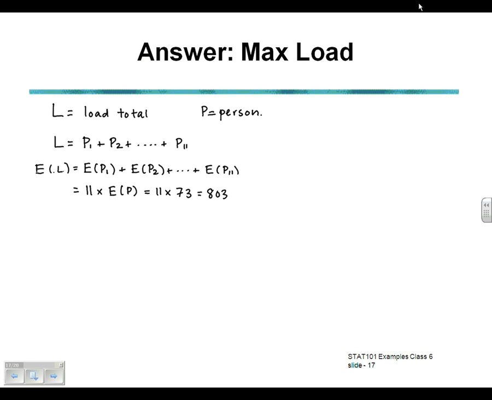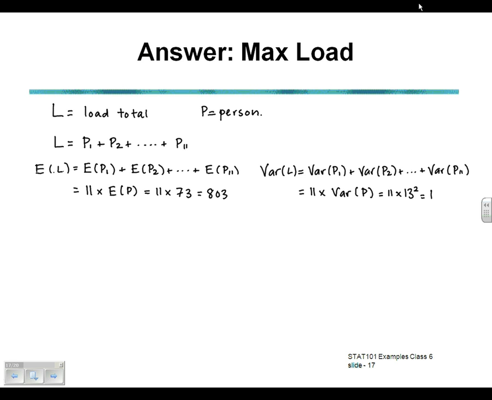Similarly, we can find the variance of L. The variance of L will be the variance of person 1 plus the variance of person 2 and all of those others up to and including person 11. And recall again, this will be equal to 11 multiplied by the variance of the person, 11 multiplied by 13 squared, because we were given that 13 was the standard deviation.